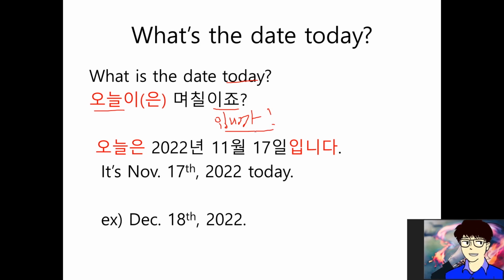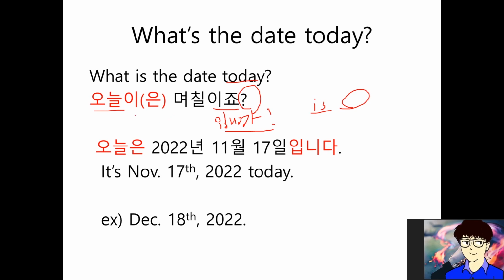So it is the question form. 이죠 is like 입니까, like is blah blah. Is 뭐뭐이다, 뭐뭐입니다. But when you just try to ask, it is 입니까 or 이죠, like that.